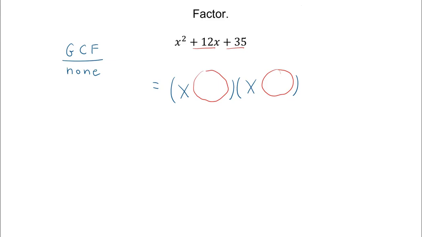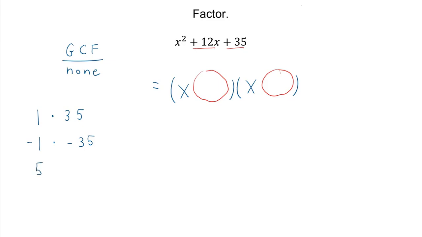So let's think this through. What are all the different ways that I can multiply 2 numbers and get a positive 35? Well, obviously, one of the first ways is 1 times 35. Another way is negative 1 times negative 35, because a negative times a negative will also give me a positive 35.